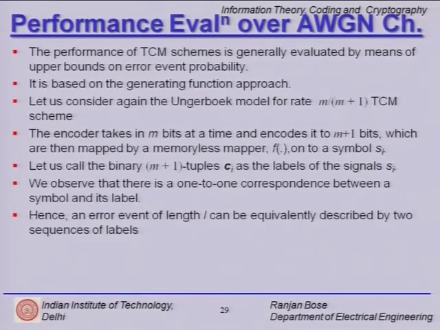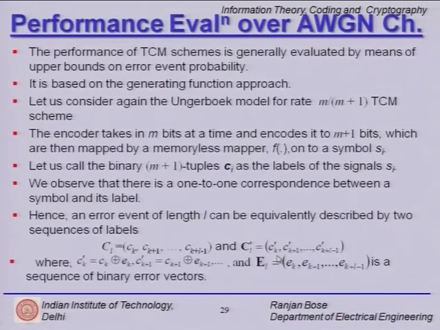So, an error event of length L can be equivalently described by two sequences of labels CL and CL prime. Okay. So, we are going to work with these, and an error event is when they are not the same. So, how do we describe it? Well, if they are not the same, then an error has happened, and we have Ck binary addition ek, where this is the error event.